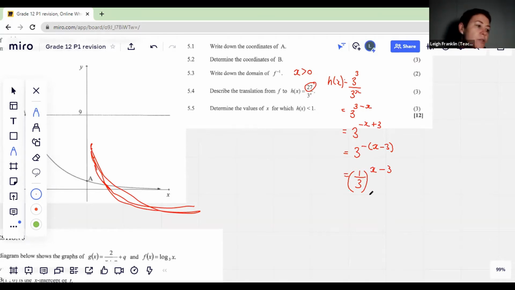Now that you've done that, you can go ahead and answer the question about the translation. From f to h, what have we now done?